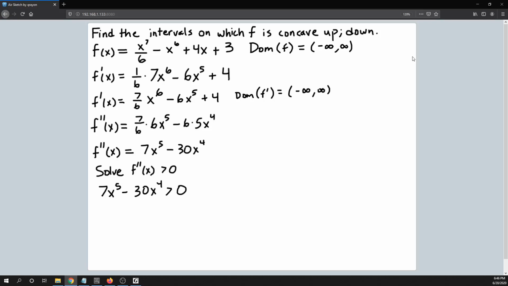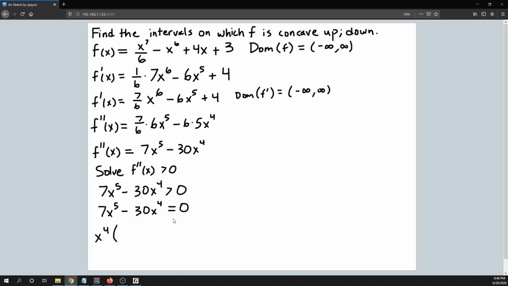That is a polynomial inequality, so what you want to do is to set it equal to 0 and solve that out. To solve this polynomial equation, what I'm going to do is factor out the greatest common factor.